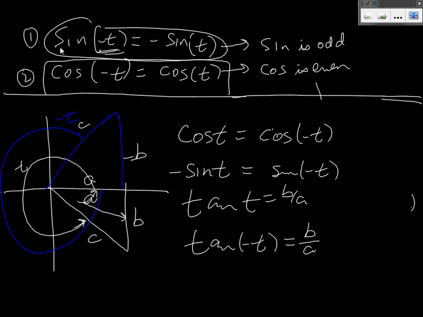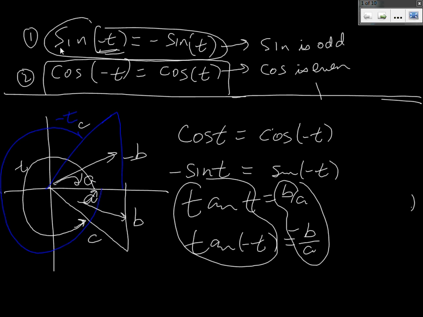And the tangent of the blue triangle, it'd be opposite over adjacent. It would be negative b over a. And since these differ by a sign, so will the left side. That is the tangent of t and the tangent of negative t. They're not equal, but negative one side is equal to the other side.